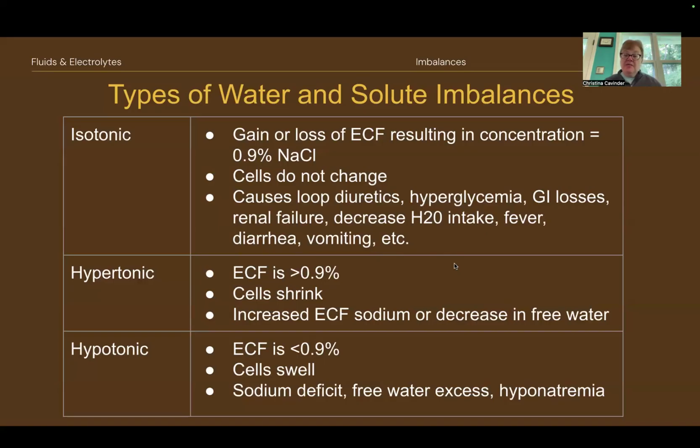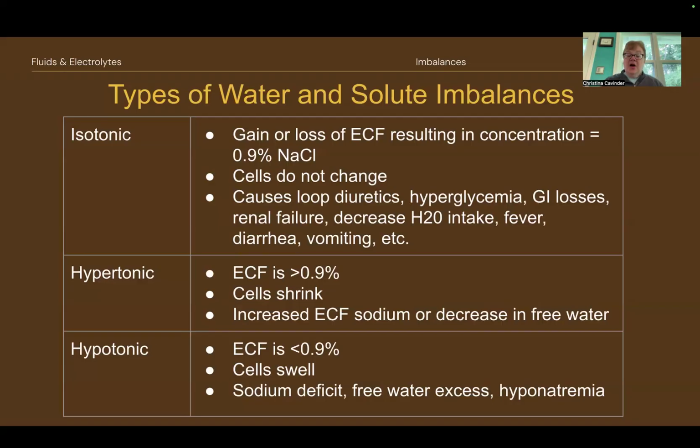Hypertonic means that the extracellular fluid is now greater than 0.9%. So if you did an electrolyte panel, you would see a high sodium level. That high sodium level in the interstitial fluids is pulling fluid out of the cell into the interstitial fluid. So the cells will shrink.